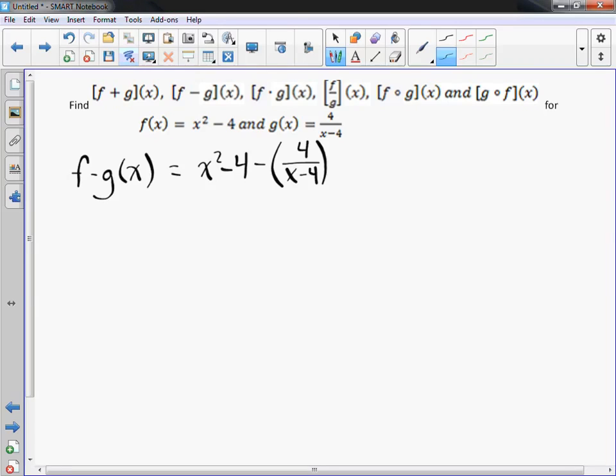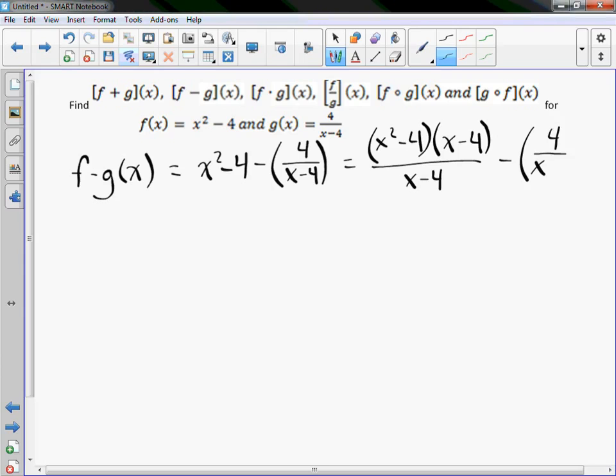Okay, same idea here. Common denominator. Well, we already know what that is. Okay, I should have written that down off to the side. To find the common denominator, you guys probably already have this because you're putting it down over there. Okay, that minus this.